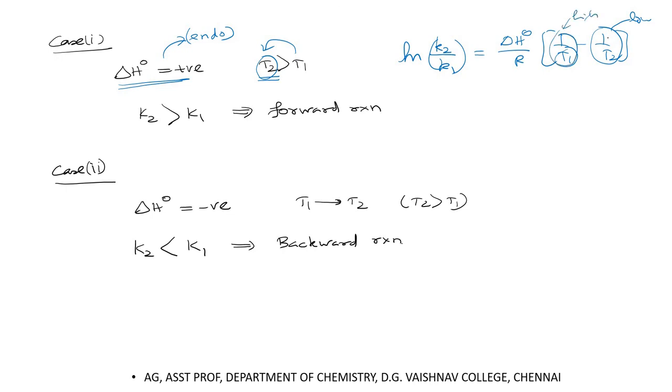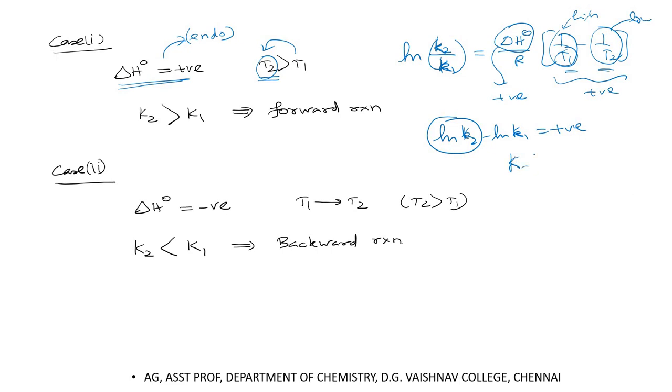So I am subtracting a low value from a high value, therefore this quantity is positive. And delta H naught is also positive, as given. Therefore ln K2 minus ln K1 is positive. It means ln K2 should be greater than ln K1. I'm sorry, this is K2, the equilibrium constant, not the rate constant. So K2 should be greater than K1.